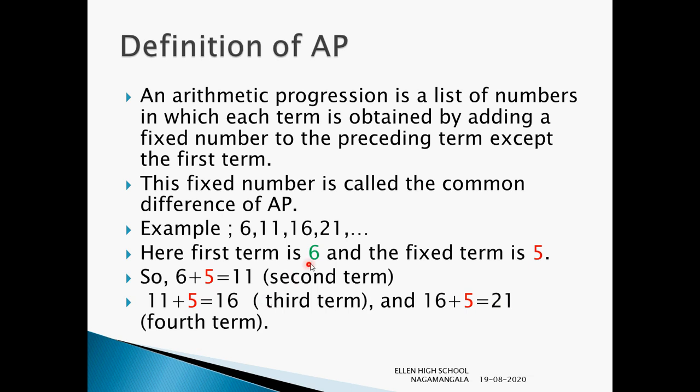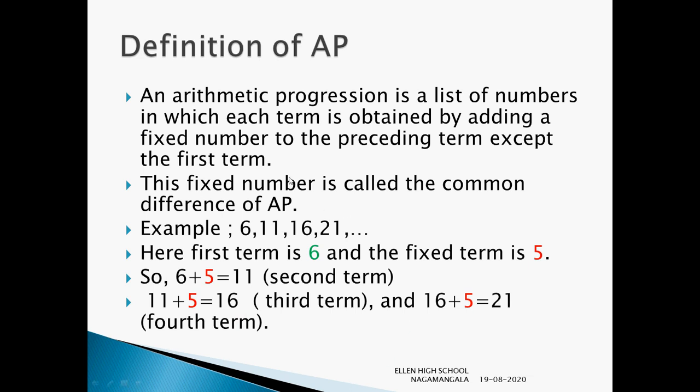Here 6 is the first term of the AP and the fixed number, the common difference, is 5. We get 11, 16 and 21 by adding the fixed number to the first, second and third terms. Similarly, it goes on continuously.